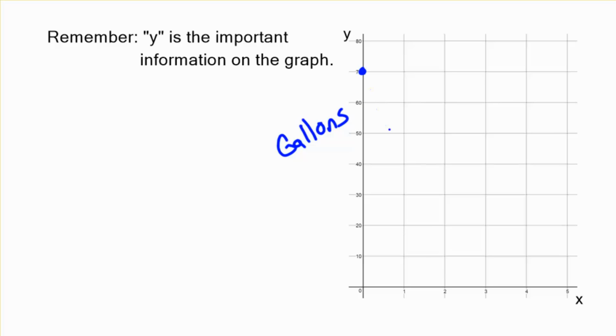And let's say it starts at 70 gallons. And we're going to measure how far it goes down in terms of hours. Let's say it goes down 10 gallons every 2 hours. Well, your graph is going to show that it's going down. You're not worried about the hours, you're concerned about how many gallons are there in terms of hours. And it shows right there that it's going down at a constant rate.